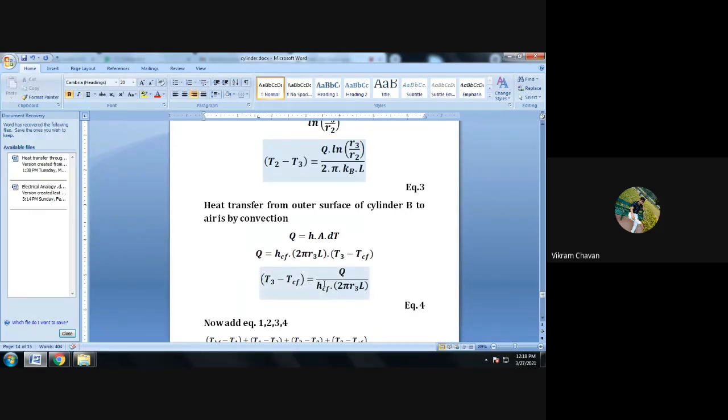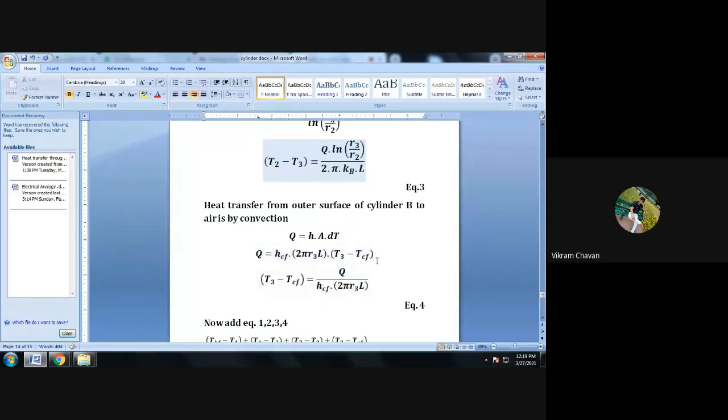We keep the temperature difference on one side and shift the remaining terms to the other side, so that we get T3 − T_Cf = Q divided by h_Cf × (2πR3L).